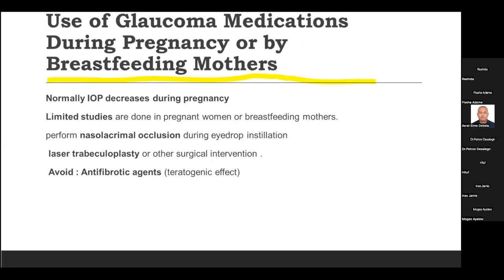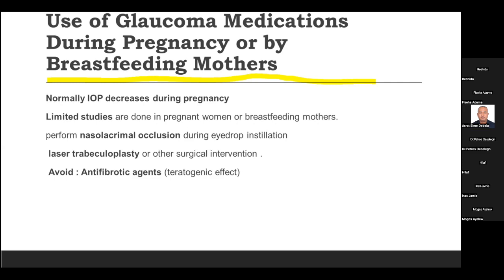And regarding the use of glaucoma medications during pregnancy or by breastfeeding mothers, we have to be very cautious when prescribing medicine to women or young ladies. We should always ask them whether they are pregnant or breastfeeding, because some of the anti-glaucoma medications are harmful to the fetus and also to the breastfeeding child.